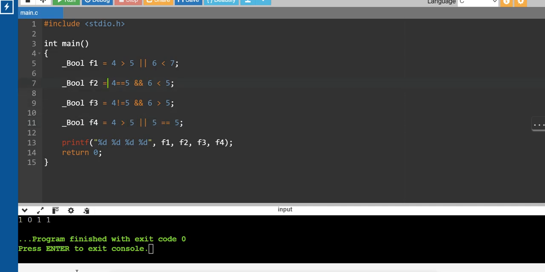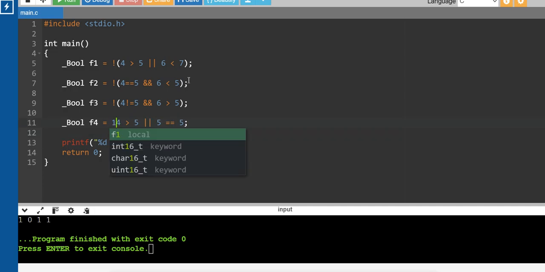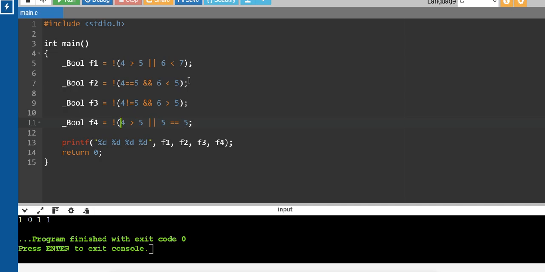Now let me use logical NOT in front of them and put everything under parentheses. Remember what outcome we received without logical NOT, so that you can see how logical NOT alone can change the overall outcome. It is used to invert the overall outcome.